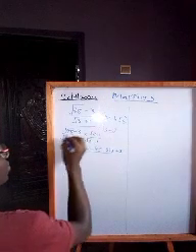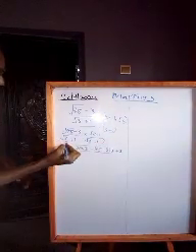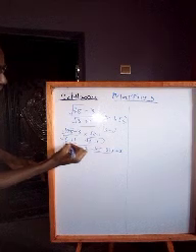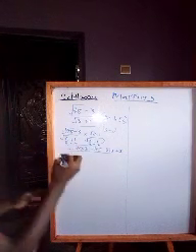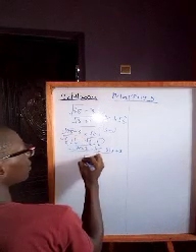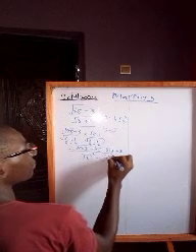Whenever you rationalize your surds, know that if this is a and this is b, it's a plus b times a minus b. This is the difference of two squares, a squared minus b squared. So that means root 3 squared minus 1 squared.